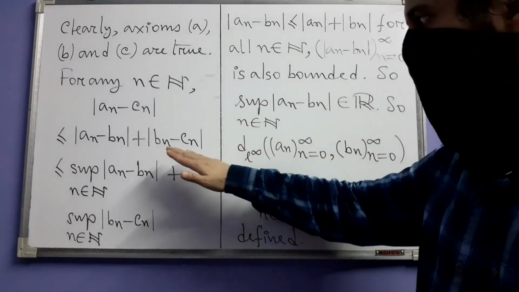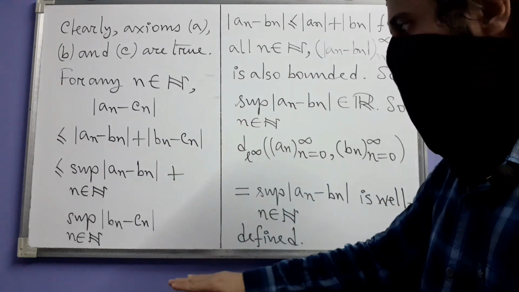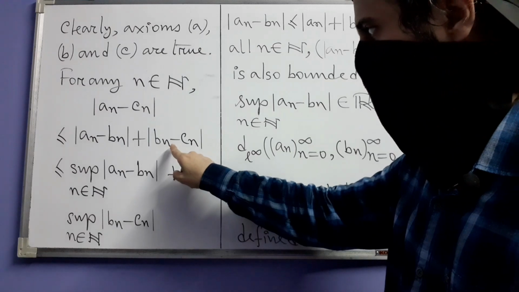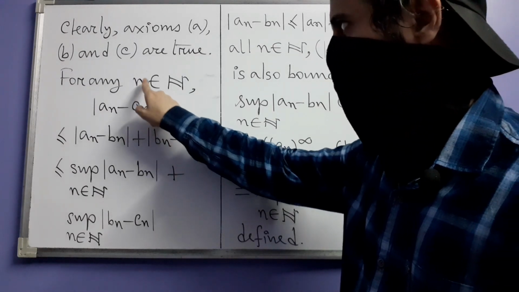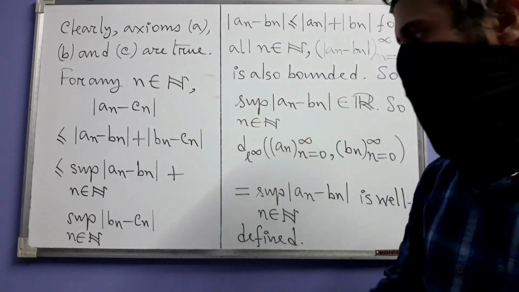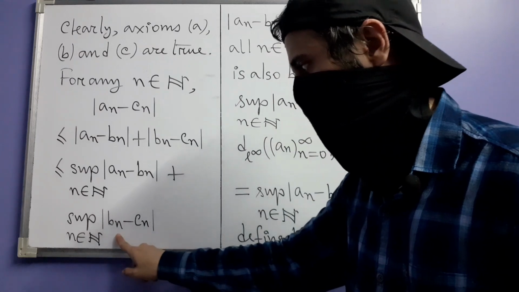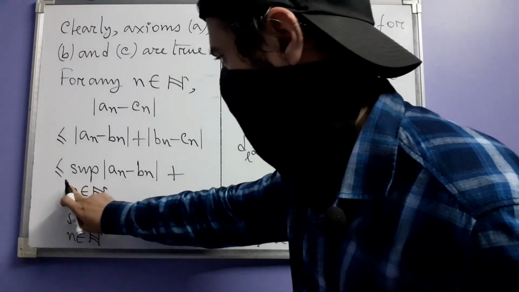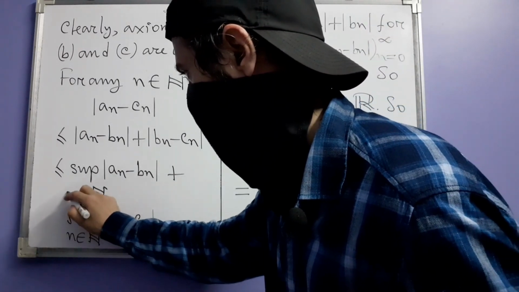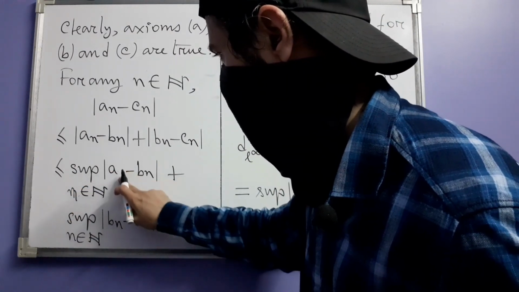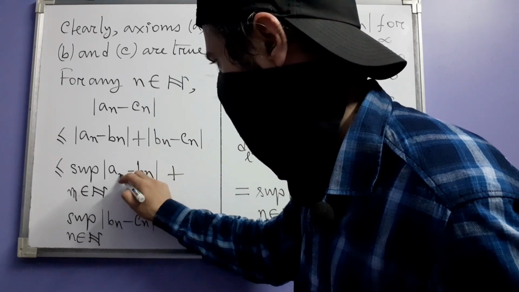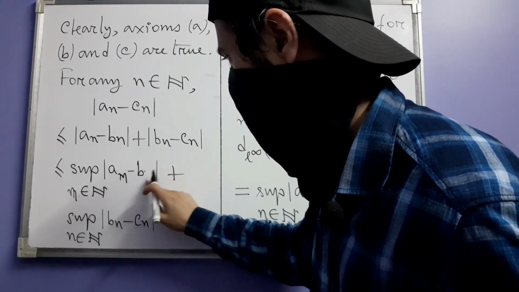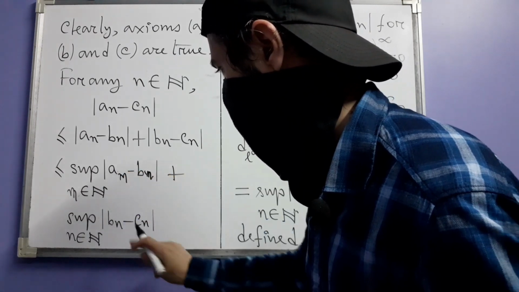You may feel that it's a bit confusing that here we are using n to mean a specific natural number. Here, however, we are using n as a variable. If you find that confusing, you can write m here, then it will look much clearer.